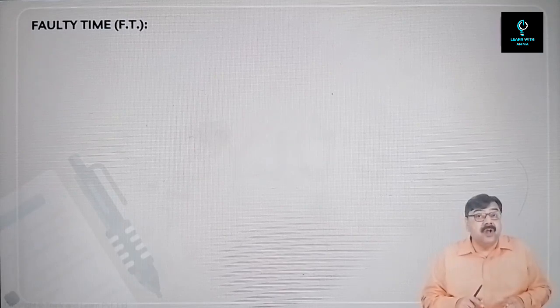Faulty time. Now what is faulty time? We took two examples in the last slide wherein the two hands of a clock did not meet after every 65 5/11 minutes. They met either after 66 minutes or at 64 minutes. So these 66 minutes and 64 minutes, which are not equal to 65 5/11 minutes, are the faulty times.